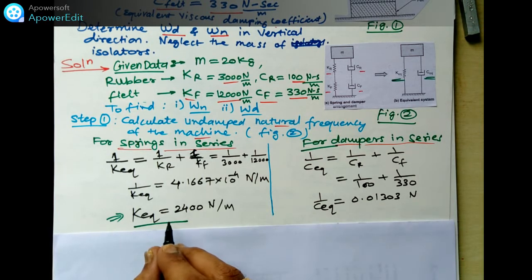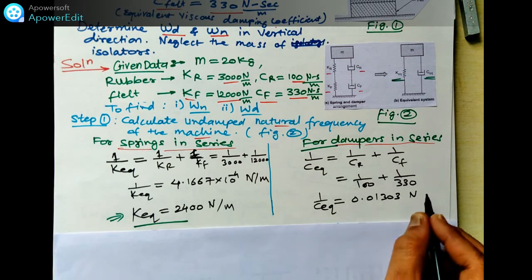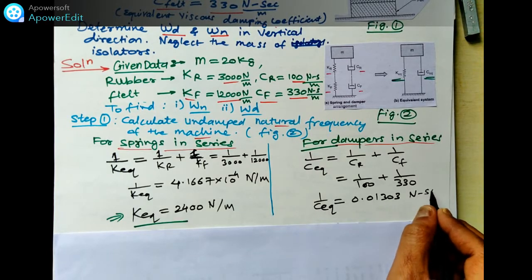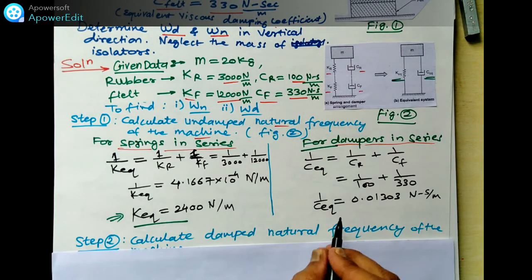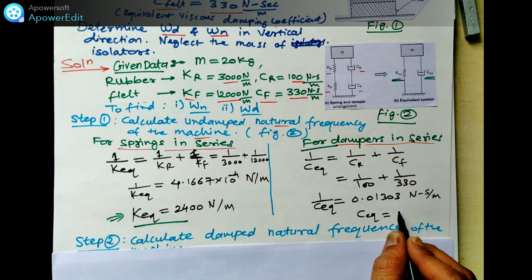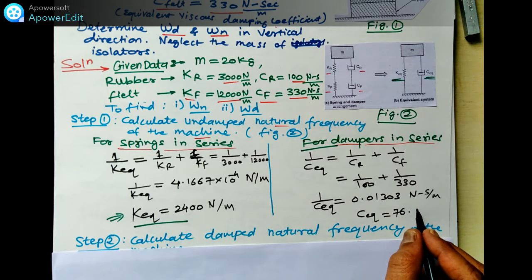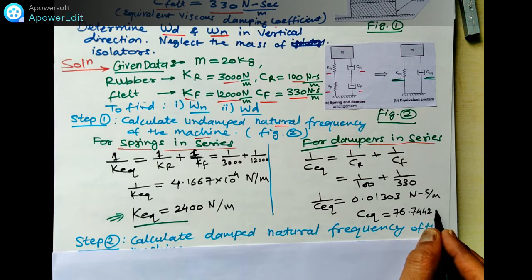The unit for spring stiffness is Newton per meter, but for the damper it is Newton second per meter. So C equivalent becomes 76.7442 Newton second per meter.